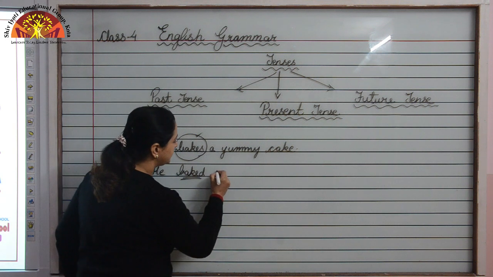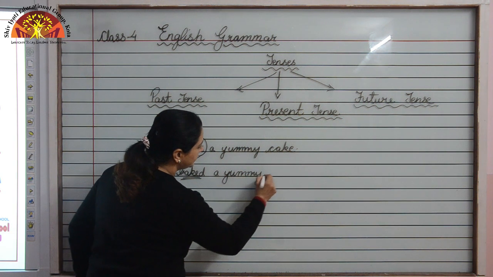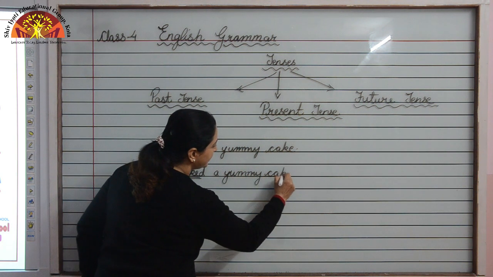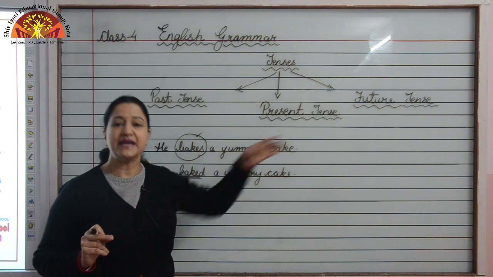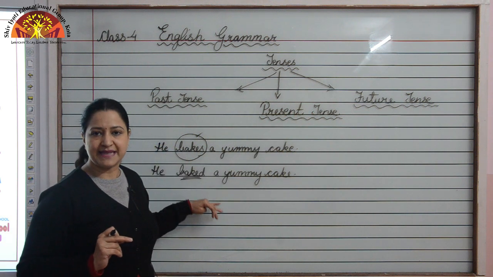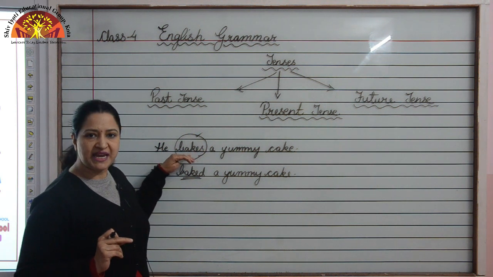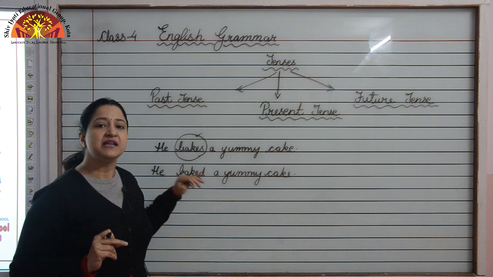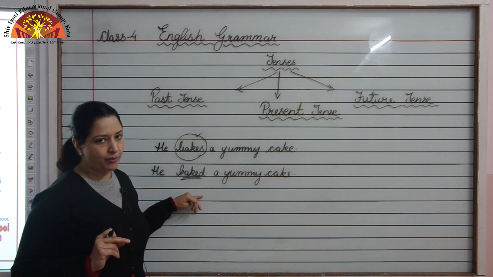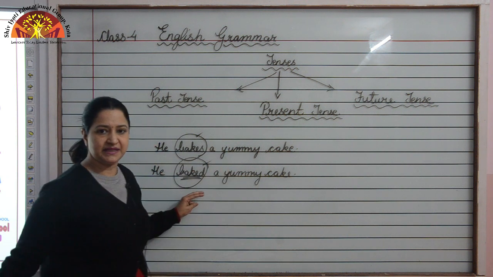He baked a yummy cake yesterday. So it is an example of past tense. When you want to change any future tense or present tense into past tense, just use the second form of verb.